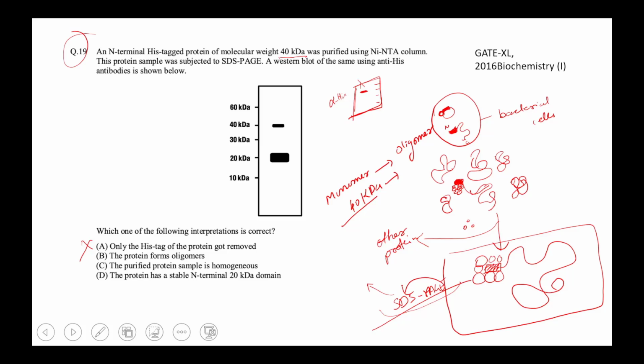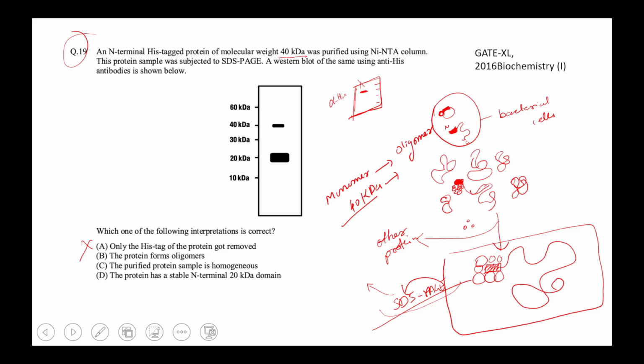Or if three protein units are joined together, it would be further above, at 120 kilodalton. So in any case, if it is forming an oligomer, the corresponding band will be higher than 40 kilodalton, not lower than 40 kilodalton.